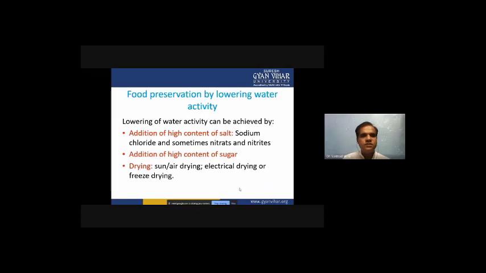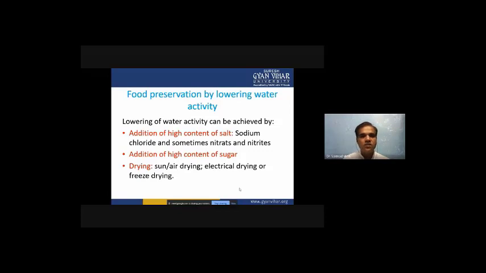Now, food preservation by lowering water activity. If we decrease the free water in the food material, the microorganisms cannot attack, and we can preserve the food for a longer duration.